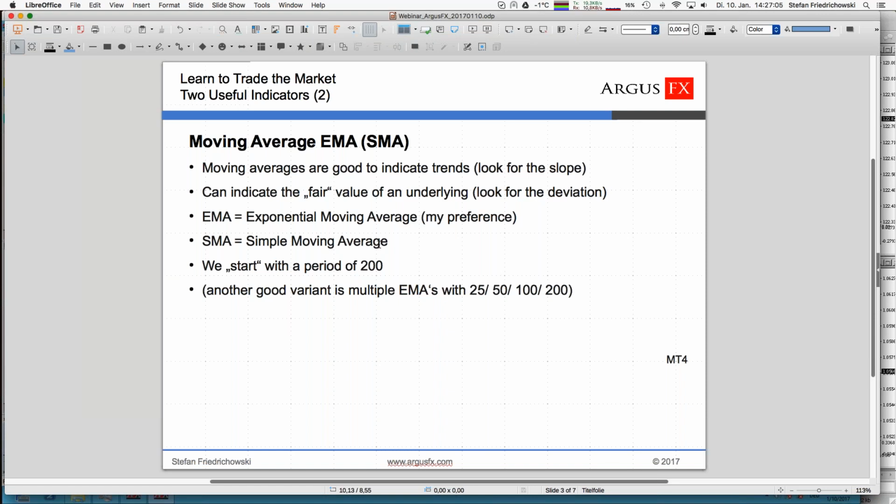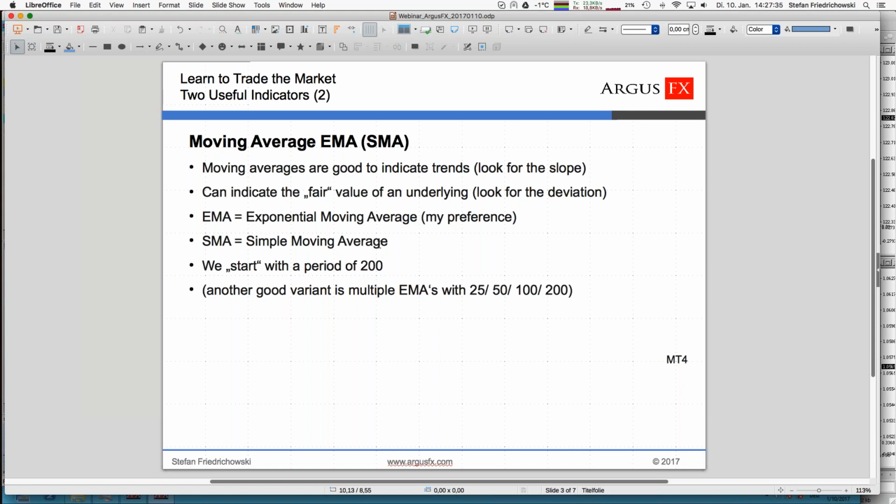Another reason for using the moving average is that this kind of indicator represents a little bit what I call the fair value of an underlying. You have already realized when looking at charts that sometimes we have a price which wiggles around, going up, down, up, down, whatever.